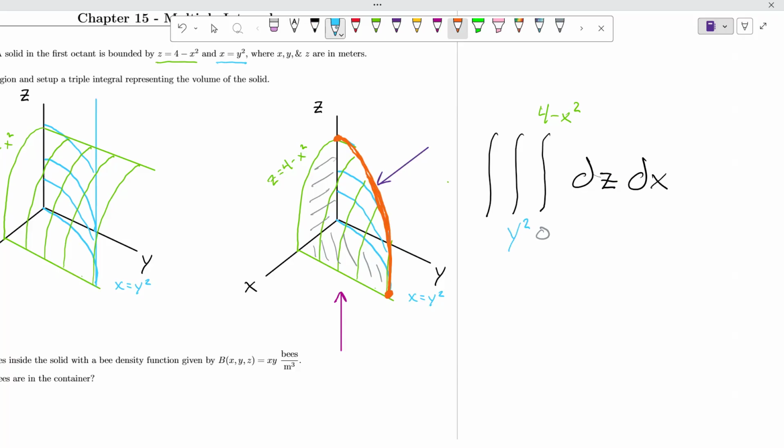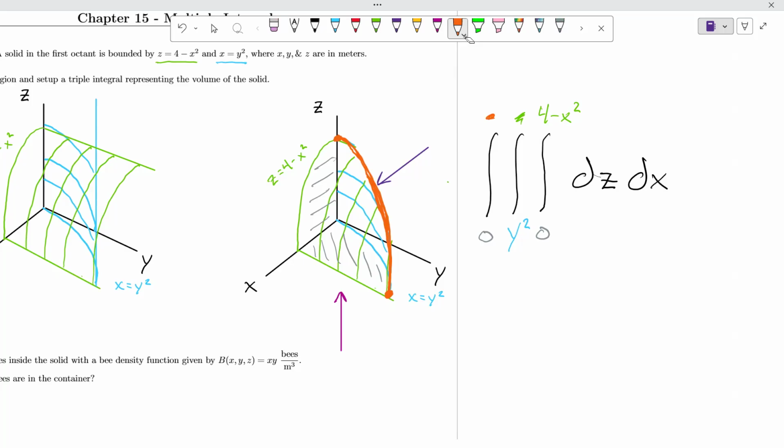Then I'll run into the green line that's down there. I'll figure that out in a second. And then for the y bounds, I also know I've got 0 first, but I'm going to need that orange intersection point.